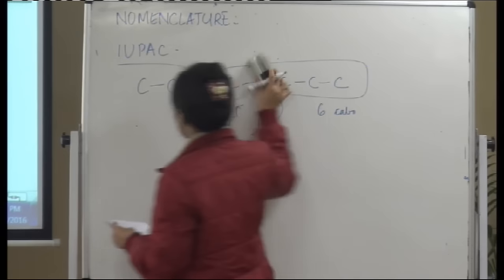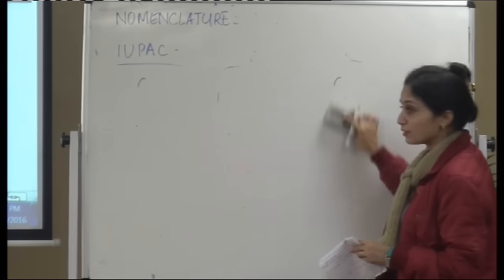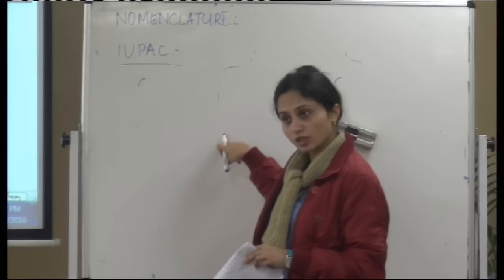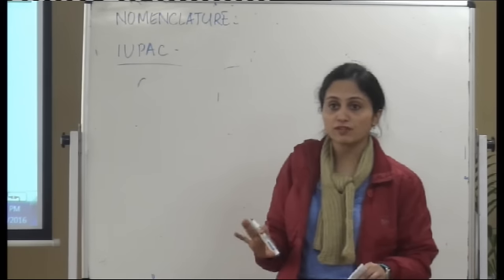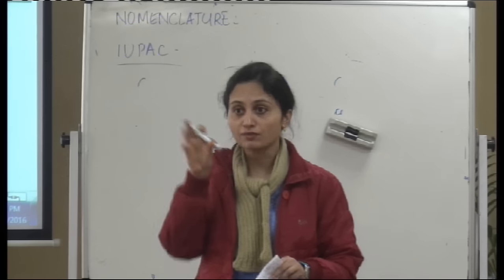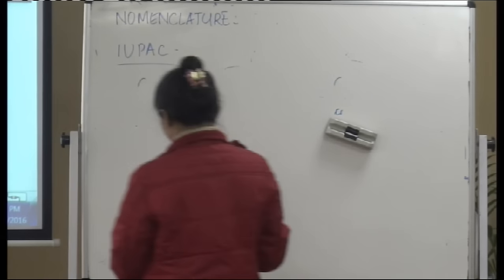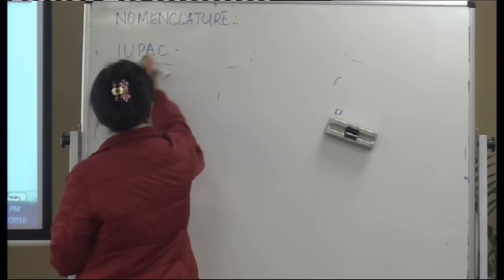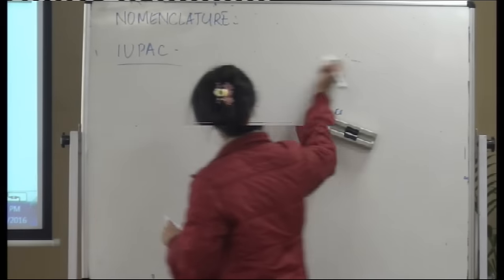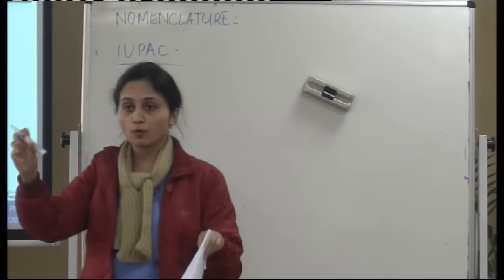Another important thing: remember that if it had been CHO also here, then also it would have started from here itself. Your functional group has to be given preference because your parent name will come from the functional group itself. And then the lowest number should be given to a side group or side chain.